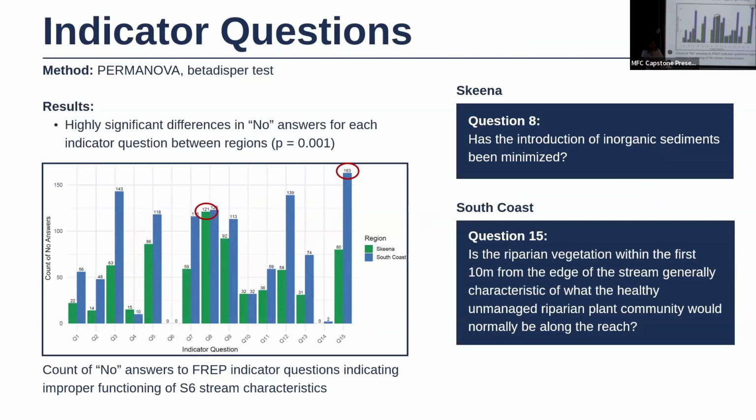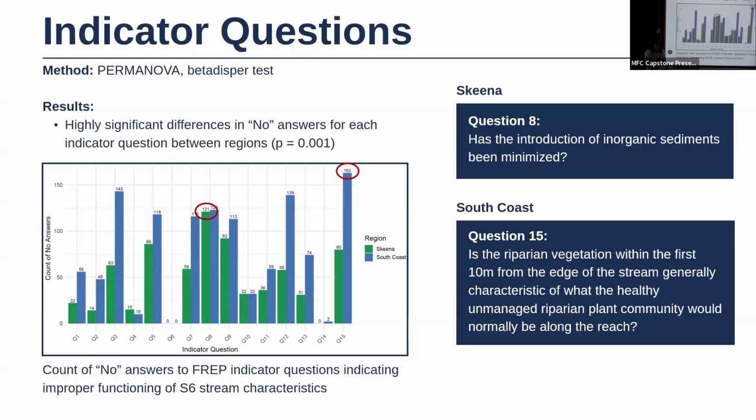Finally, to understand specific effects of logging on the streams in each region, I identified which indicator question received the most no answers, indicating impaired functioning for a specific stream characteristic. In the Skeena, this was question 8, suggesting that S6 streams were most often impacted by too much inorganic sediment in the stream.